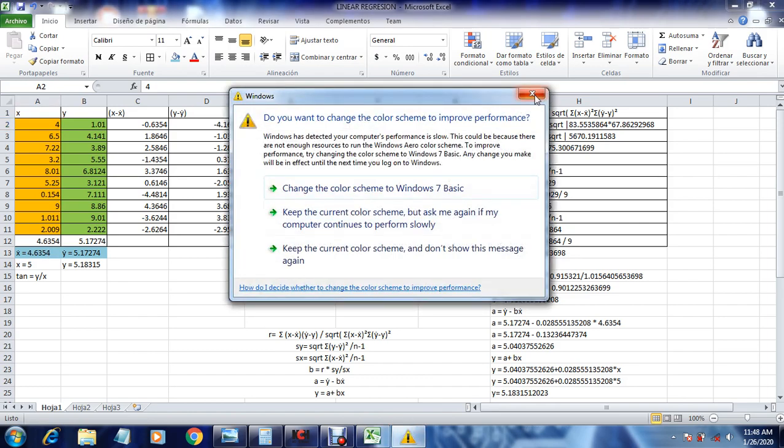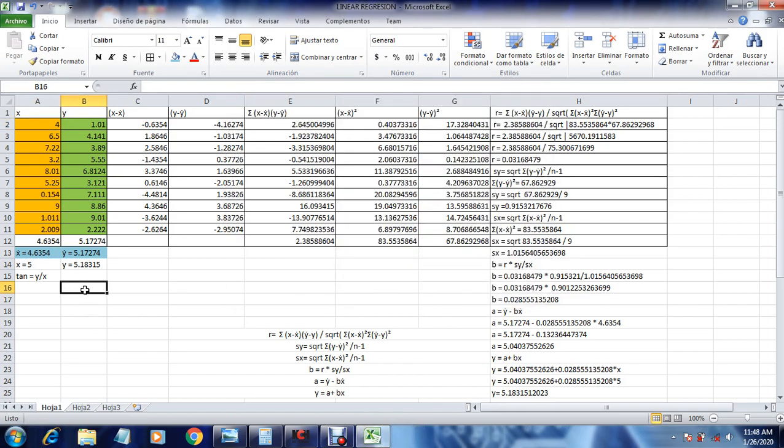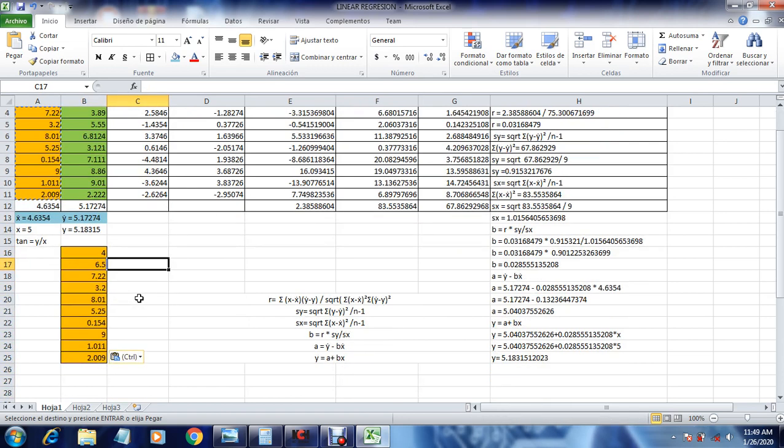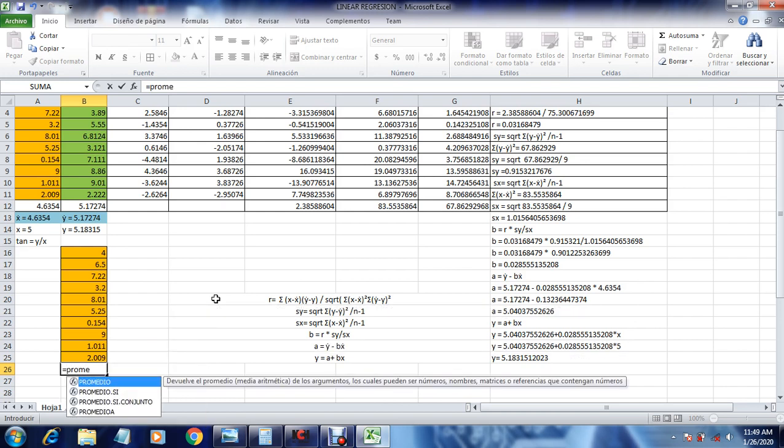The mean value you can calculate with Excel with a very simple tool. Copy and paste our values, and there you input the equal sign, and then average in English, in Spanish this.